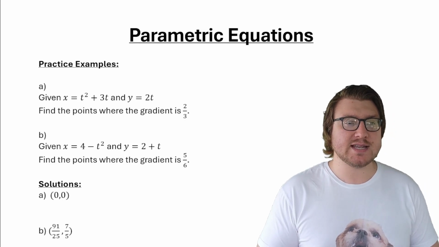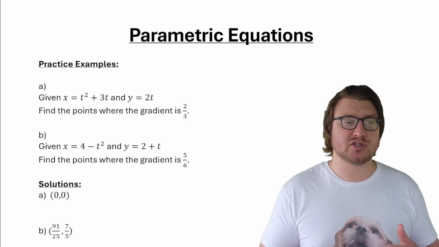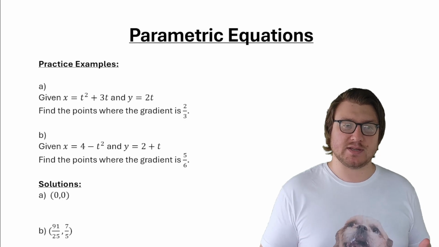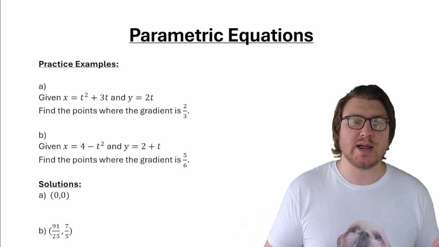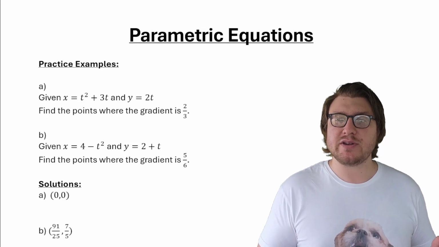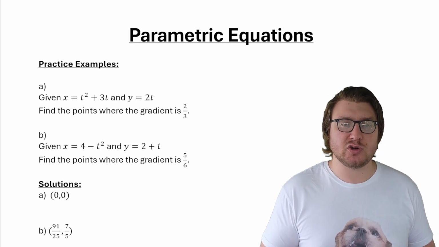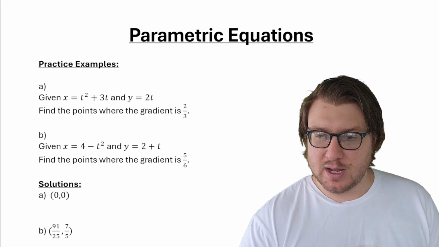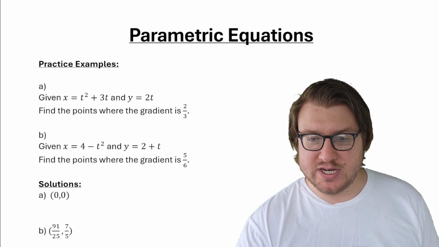Now, the first example is when we have x is t squared plus 3t, and y is 2t. So we've been given to find the points where the gradient is 2 over 3. So let's have a look. Try and pause the video here and see if you can find the derivative dy/dx.